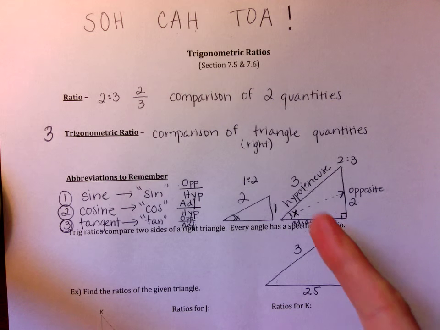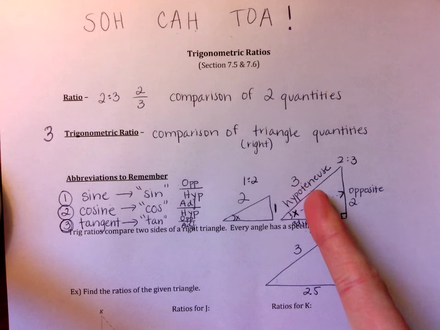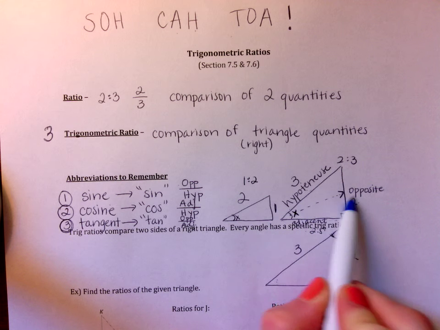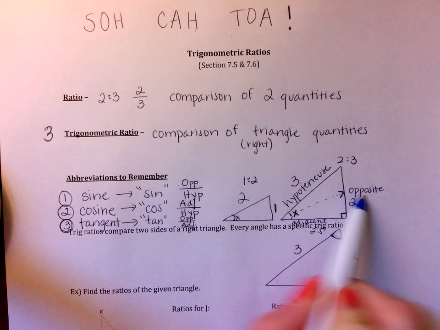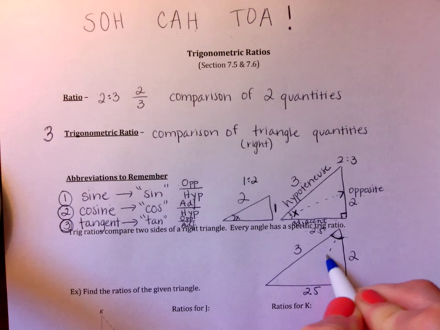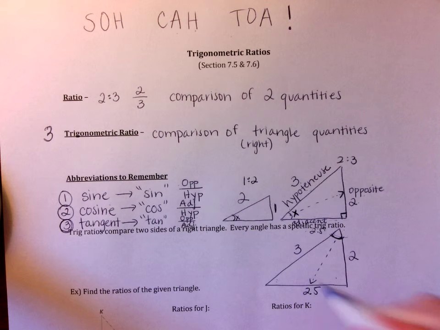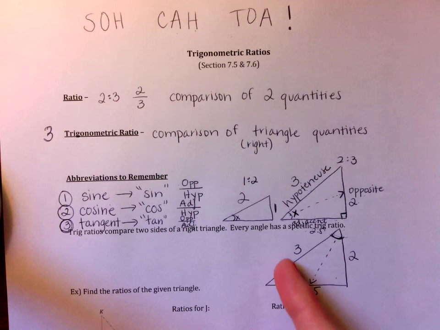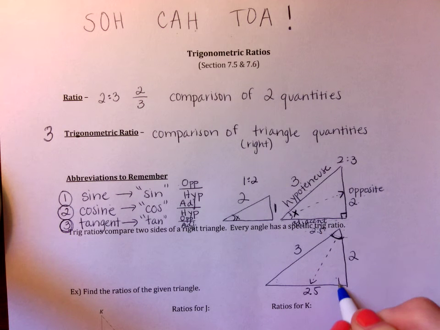If we look at this angle instead of this one, their ratios will be different. So up here, we said the sine was the opposite, across from this angle, 2 over 3. But when we look at this triangle, the opposite side is now different. This would be considered opposite. This stays as hypotenuse because it's in a right triangle. It's the longest side.